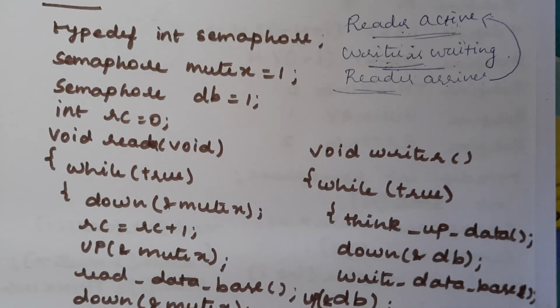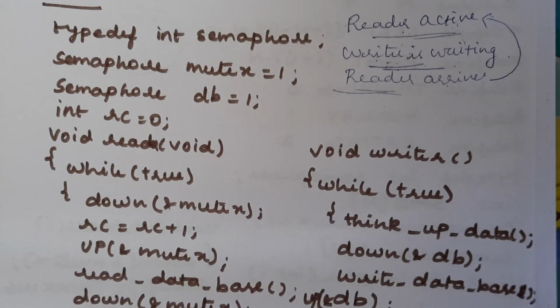Even when the writer is waiting, even if you get many readers, they will not be allowed to perform their task. Only after the completion of that writer can all other readers who enter perform the task. So this is how we can avoid the starvation. But by this solution we are getting less concurrency, because of which it lowers the performance level. That could be one of the disadvantages of this readers-writers problem.